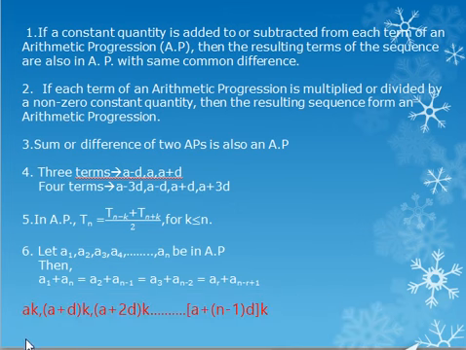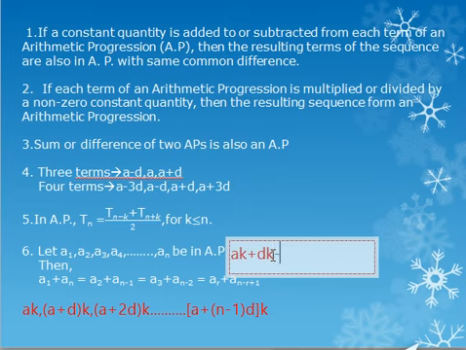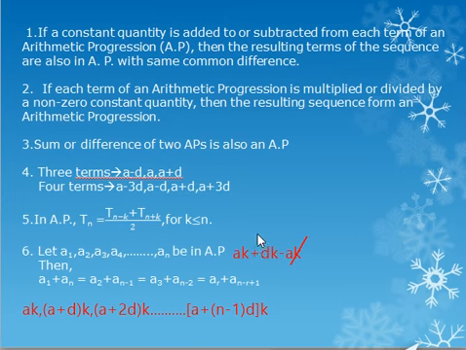So from this, first of all, the second term minus the first term. The second term is ak plus dk, and we subtract ak, the ak cancels out, and we get dk. So dk is the common difference.